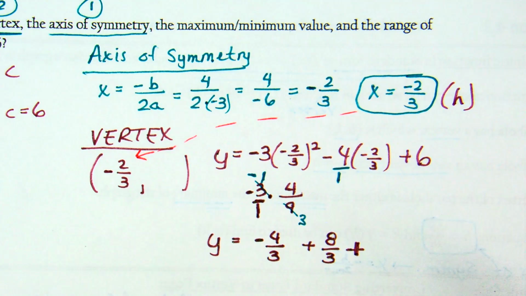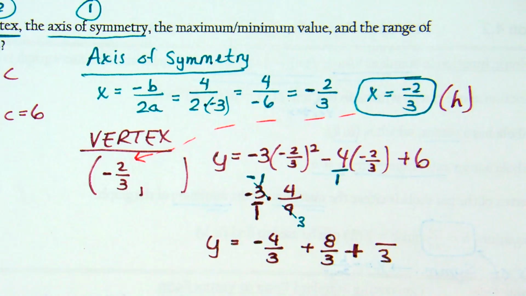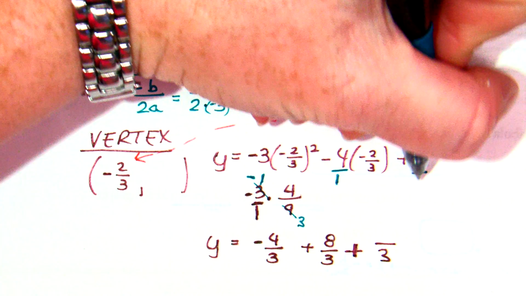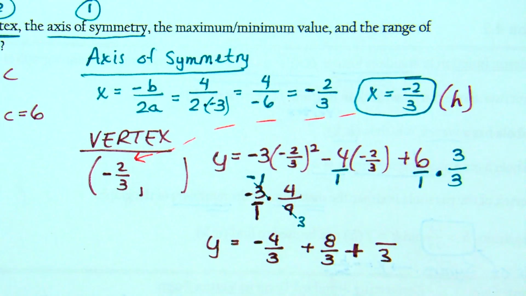My question is, can you take that 6 and make it have a denominator of 3 so I'll be set up to add? You can. Okay, so think of this. 6 is a fraction, 6 over 1. How does this 1 turn into a 3? You times it by 3. If you times your denominator by 3, you got to times your numerator by 3. 6 times 3 is 18/3.